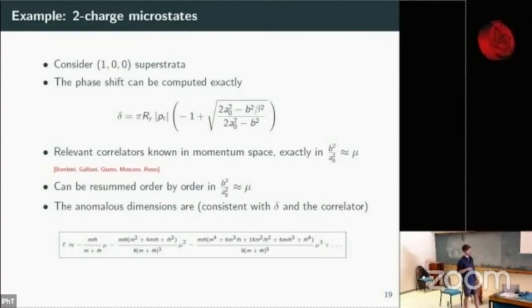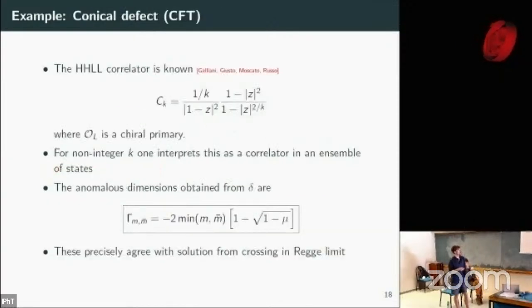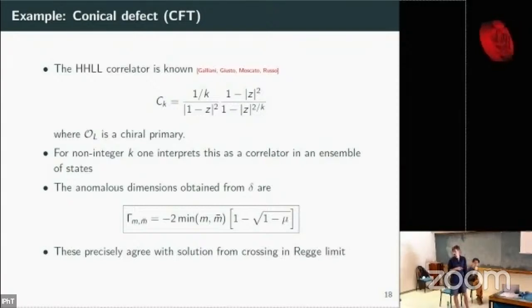Now, we do the same thing again. We solve crossing. We also get predictions with the holographic dictionary from the eikonal, and in both cases you get the same perturbatively in mu. You get the same anomalous dimension, which is given as a perturbative expansion here. So again, this is a solution to crossing, but it's a completely different solution from what you obtained from the conical defect story.